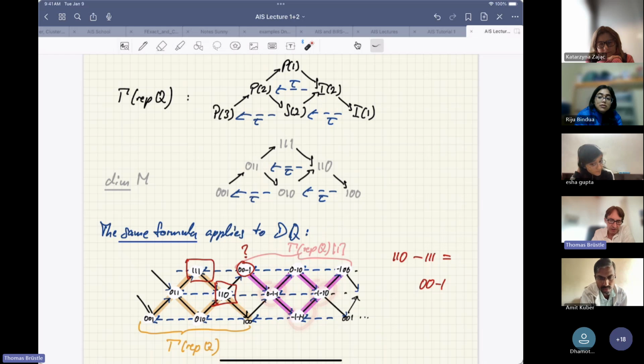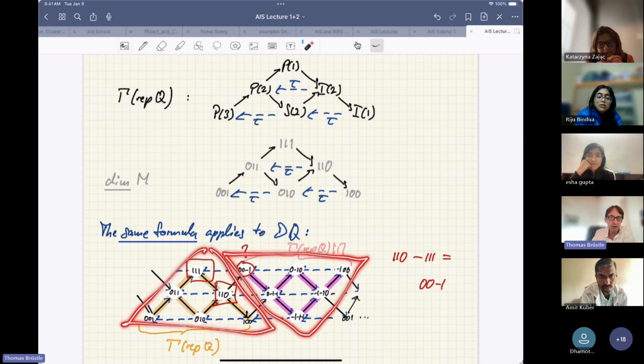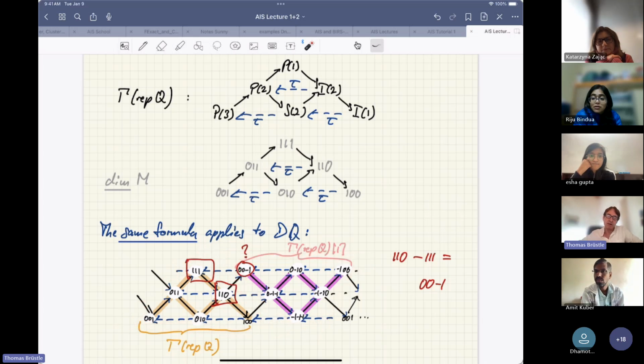So I have the copy with positive signs, then I produce the exact same numbers, the exact same dimension vectors, but they all come with negative signs. So in this derived category, I do allow fancy objects which are not representations, but the numerology follows the same formula, and I allow negative entries in the dimension vectors.